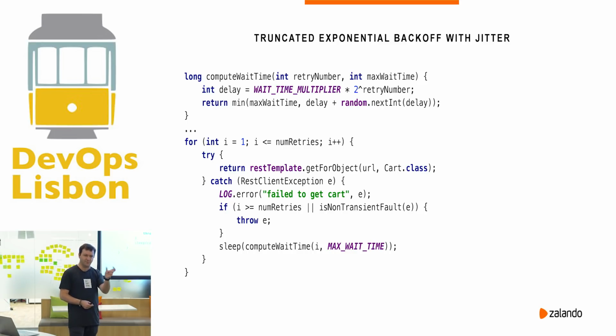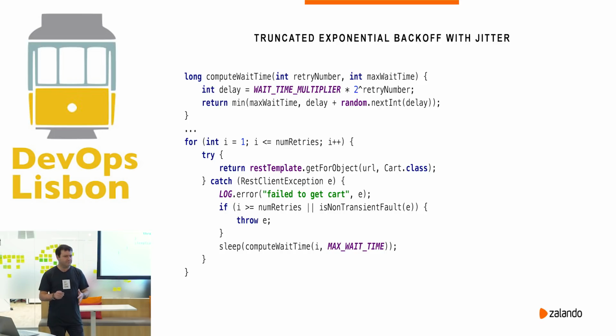It introduces a random component. So it waits for that amount of time, which is the function, but it also has a random delay. And this random delay is the one that is going to solve the problem of all of the instances retrying at the same time. You have to remember to seed your random generator. That's the only thing that you have to think about. Usually these libraries are going to be smart and do it for you.